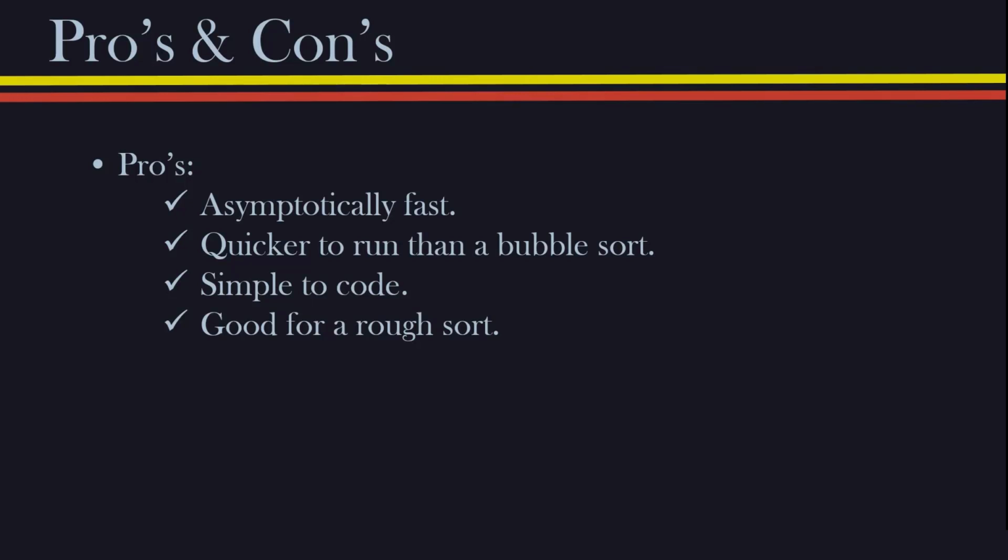Again, the algorithm is simple to code because it uses another sorting algorithm like insertion sort or quicksort to sort the elements. This algorithm is also good for rough sort as it divides the received array into large subsections or batches.